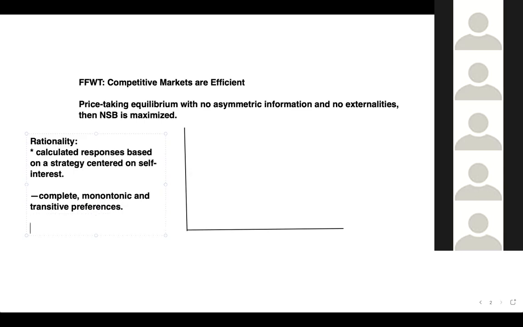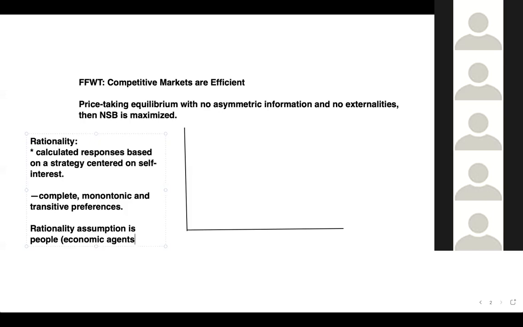And honestly, for me, I prefer to say that the rationality assumption is that people, and these are economic agents, economic agents is the way we talk about individual decision makers within our models.